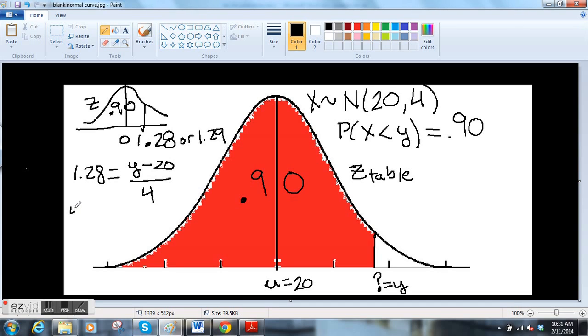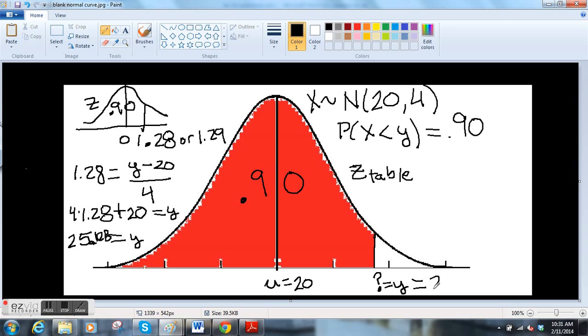So you multiply both sides across, you get 4 times 1.28 plus 20 equals y. So that equals, excuse me, 25.12. Is y.